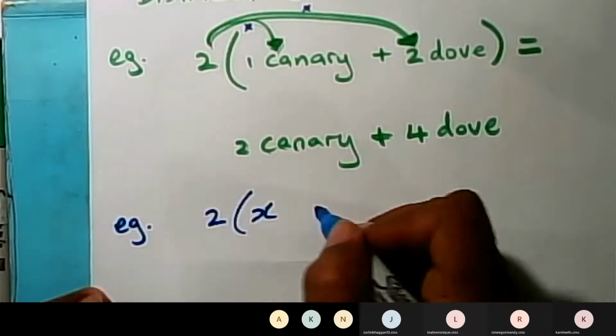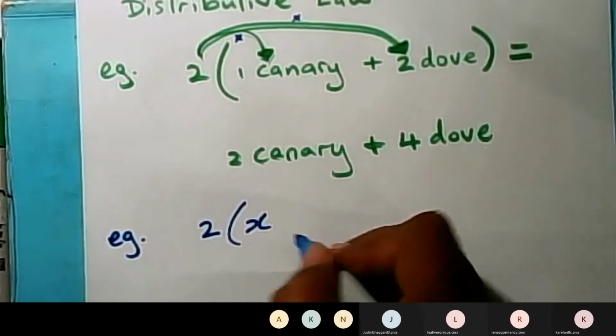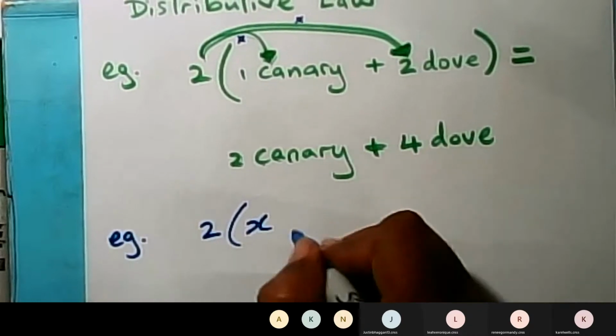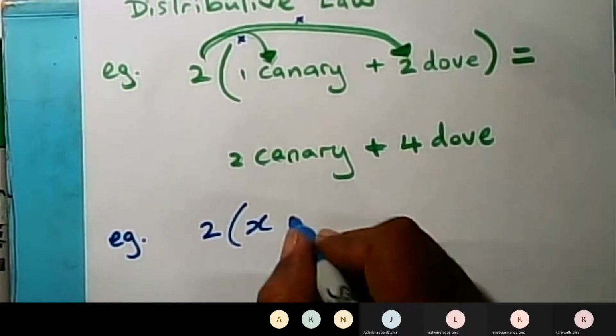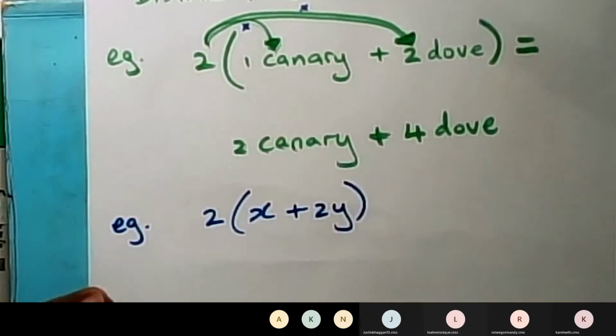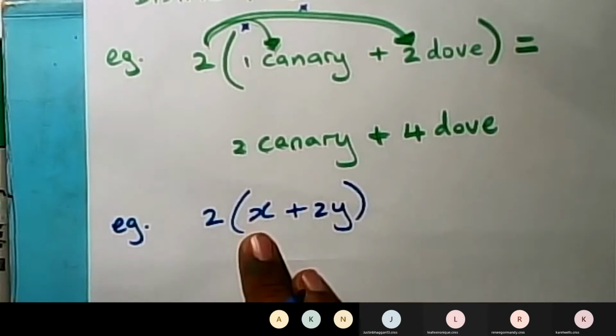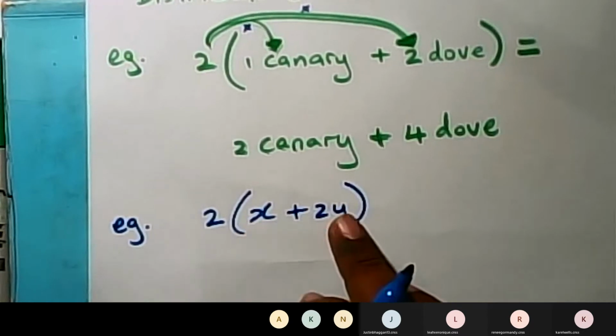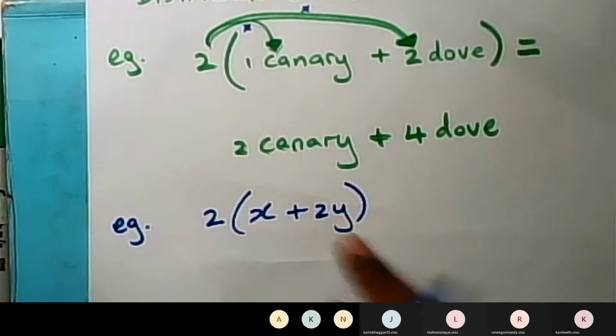And if I had doves, let me say the doves was y. So I have two y's, right? So if X represented the word canary, I have one canary. And if Y represented the word dove, then I have two Y's.